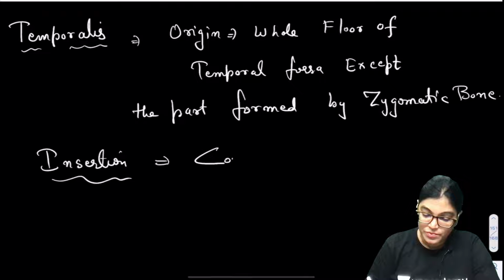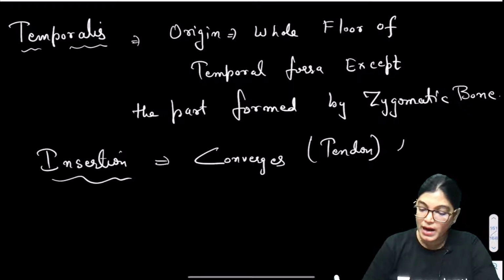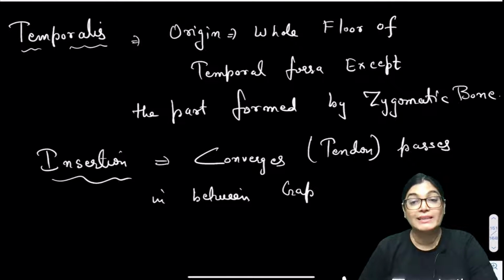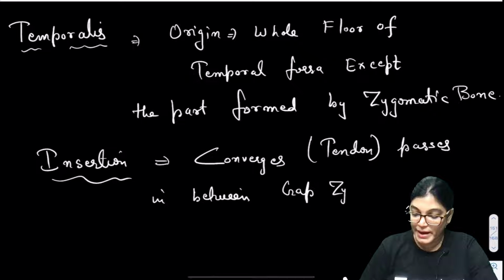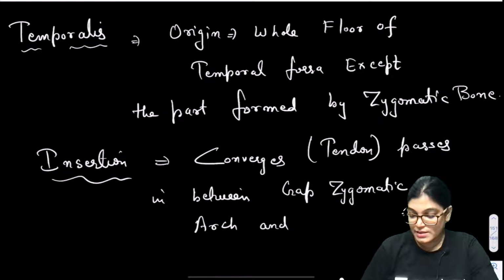So it converges to form a tendon, and this converged tendon will pass in between the gap formed by the zygomatic arch and the sides of the skull.